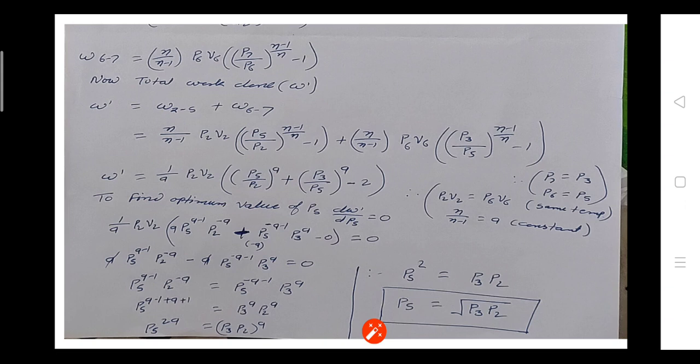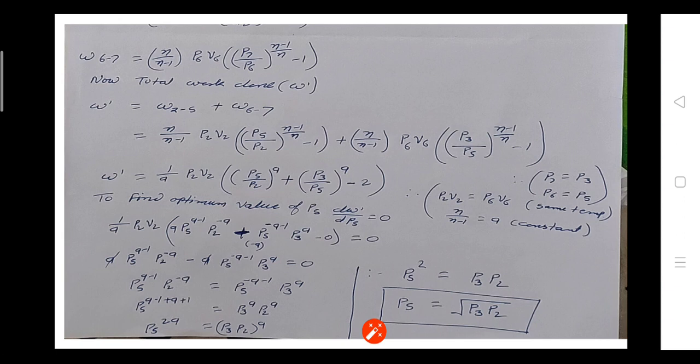Okay, now take this term to the right side, that is P5 raised to a minus 1 into P2 raised to minus a equal to P5 raised to minus a minus 1 into P3 raised to a.